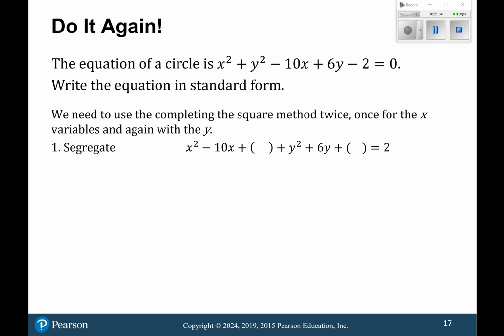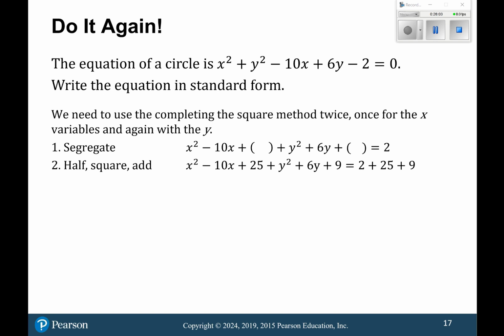Put the y squared and the y to the first terms together, leave a space. Move the constant to the other side. Now, because the coefficients for both x squared and y squared are 1, then we're back to, again, things we saw in chapter 0. Half of -10 would be -5. -5 squared is 25. Add 25 to both sides.